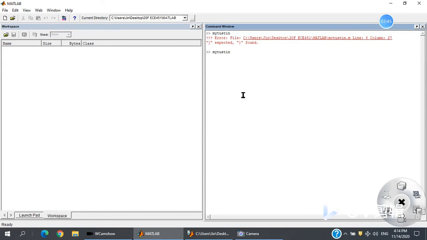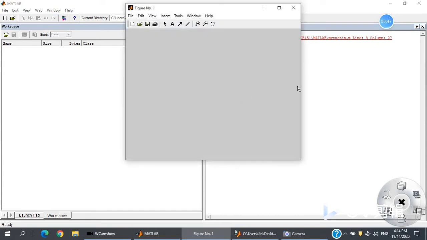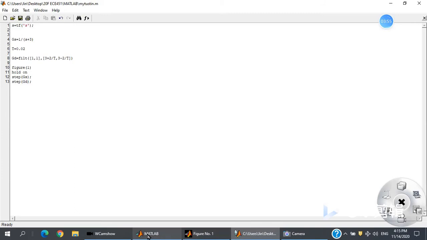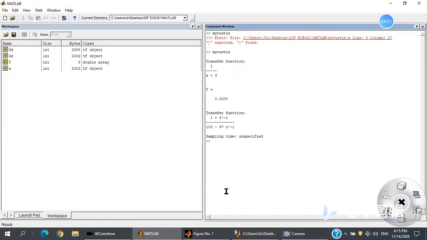It's fine. Okay. What is the T? I put the wrong T here. Oh, T is 0.2. T is 0.2. And wrong again. T is 0.2.